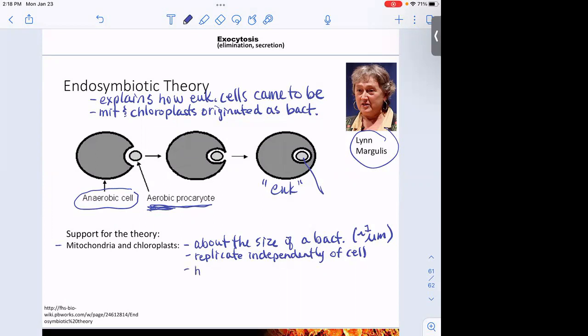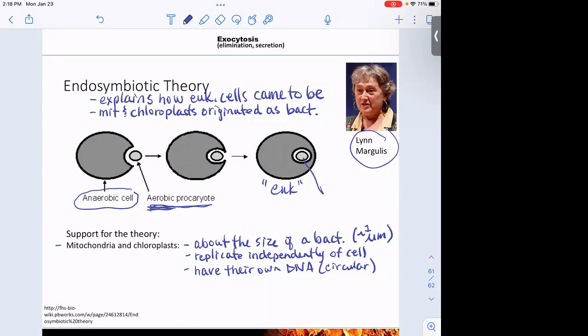They each have their own DNA. Okay, and it's circular, so it's of the form that's more like what we see in prokaryotes. Now, most of that DNA, we think, eventually got moved to the nucleus.